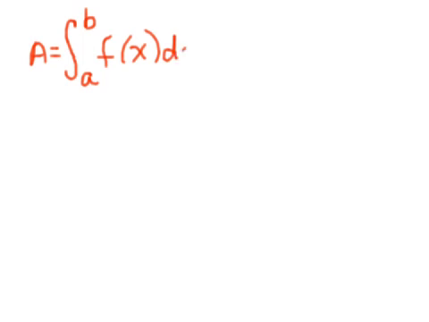Well, this is part of a larger concept. We're talking about area between a curve and an axis. So if you see this symbol, this is the area you just evaluated. But there's the condition on this.